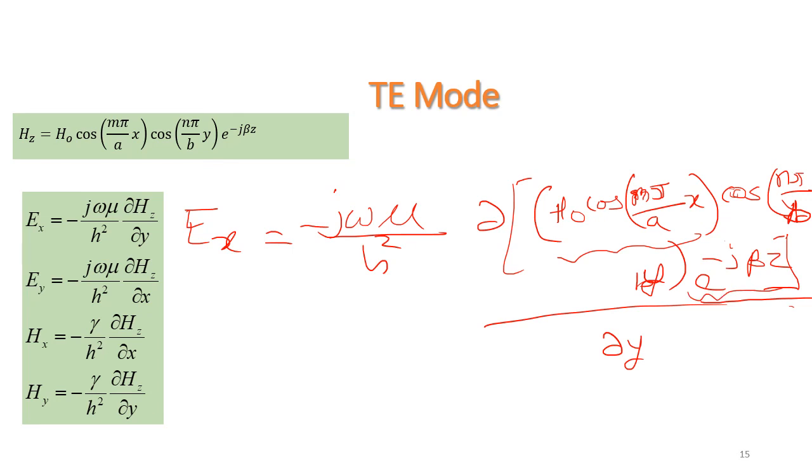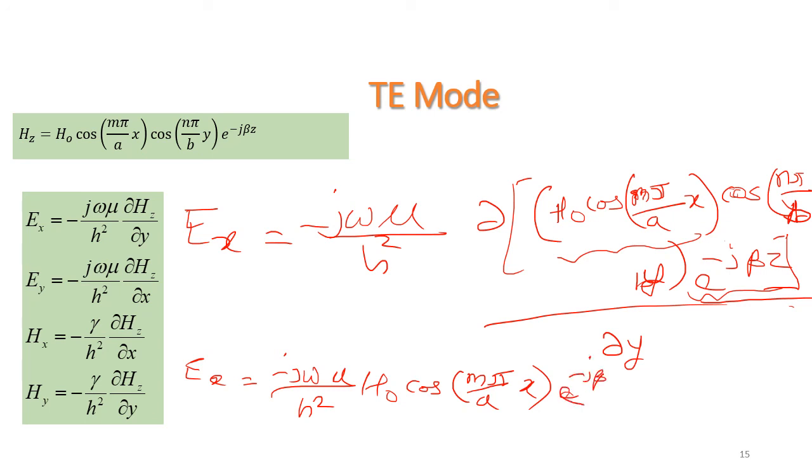So Ex equals minus j omega mu upon h square into the x term, which is constant, H0 cos of m pi by a into x into e raised to minus j beta z.